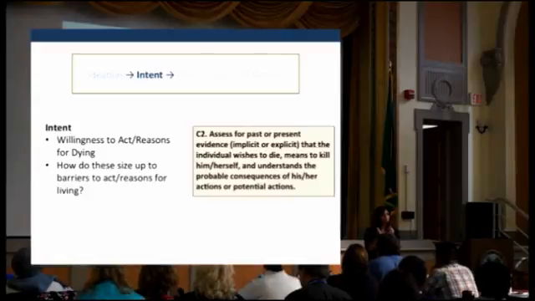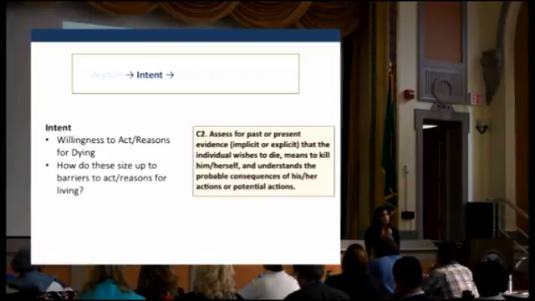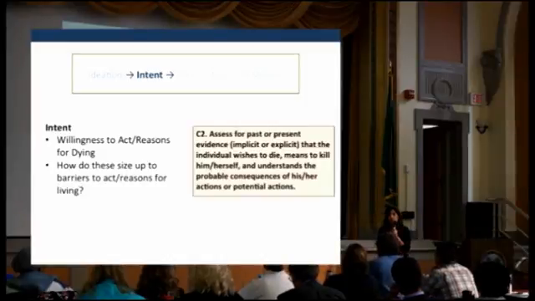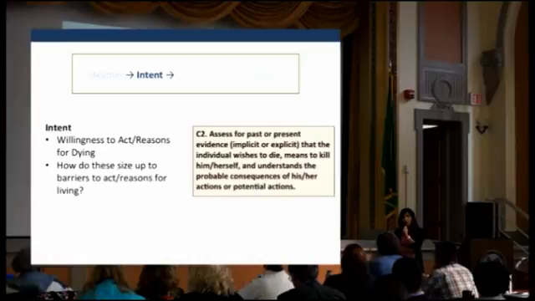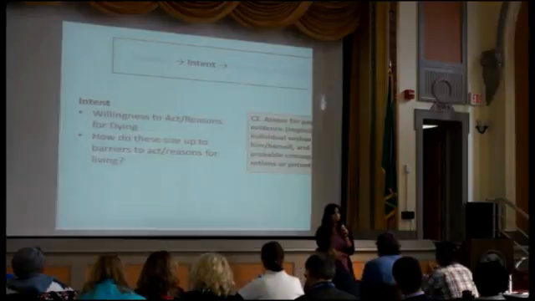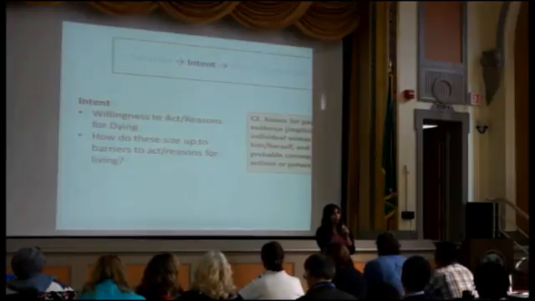Where it starts to diverge is the intent piece. The intent differentiates people who are having thoughts and are thinking of acting on those thoughts, versus individuals who are having thoughts and feel at that moment in time able to keep themselves safe. So intent is a harder one to get to, but what kind of questions do people ask about this? Or how do people assess this, I should say?